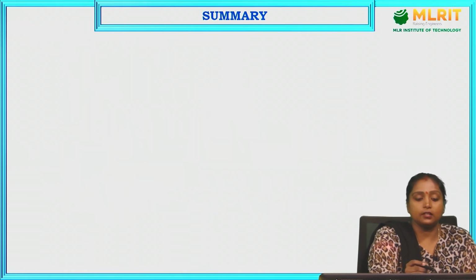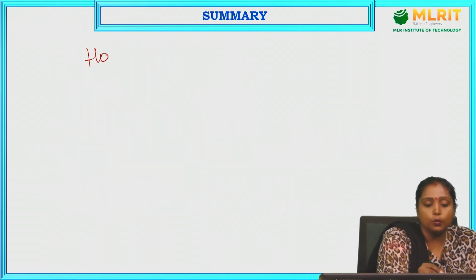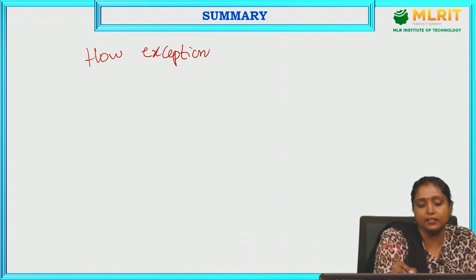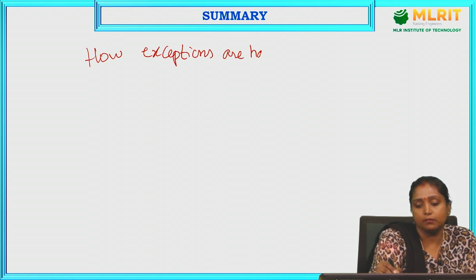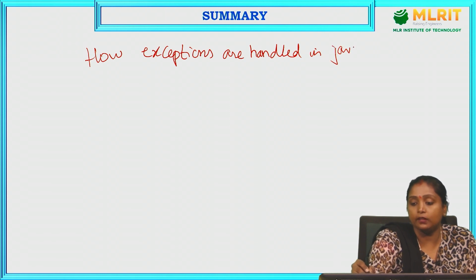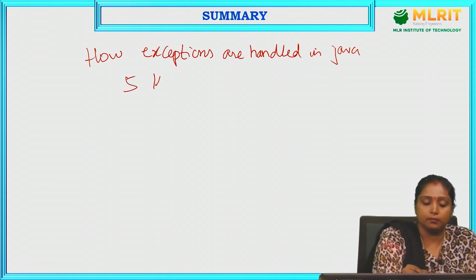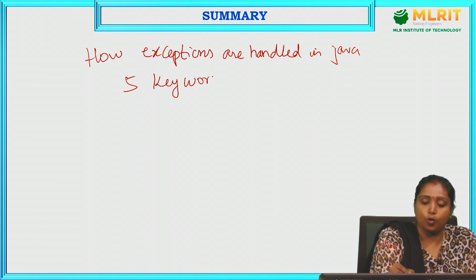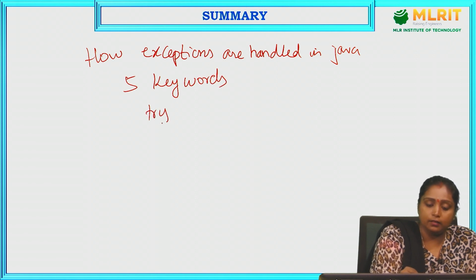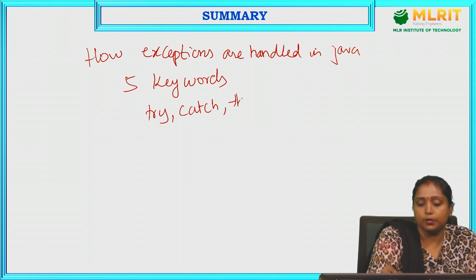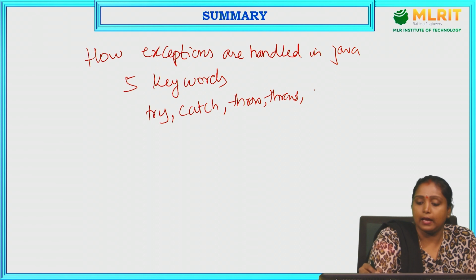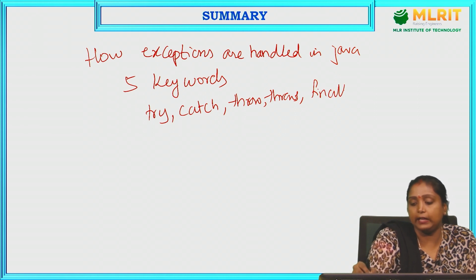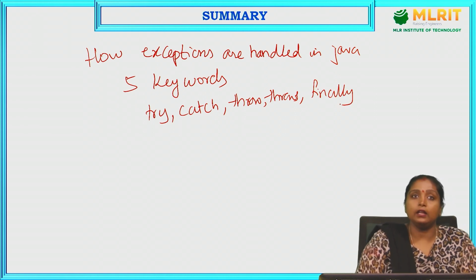So in this session, we have learned how exceptions are handled in Java by using 5 keywords, isn't it? What are those? try, catch, throw, throws, and finally. These are the 5 keywords used to handle exceptions.